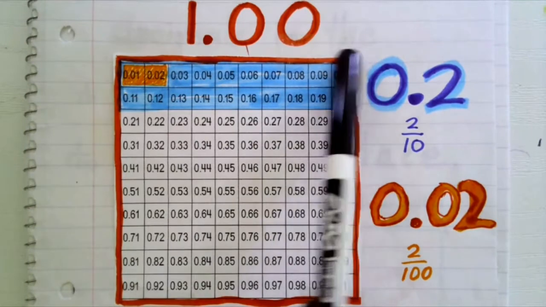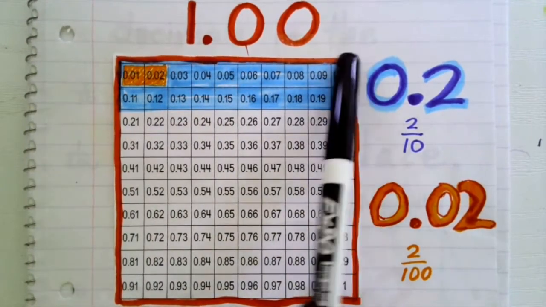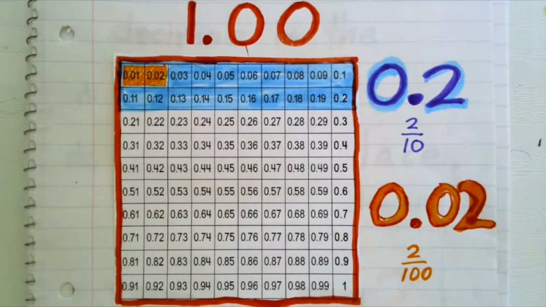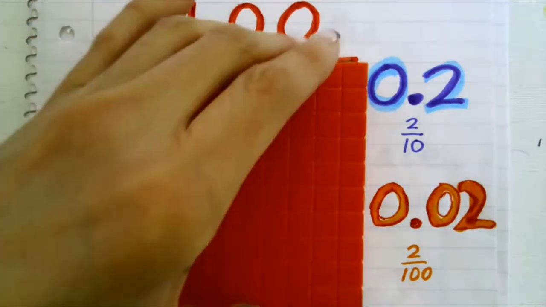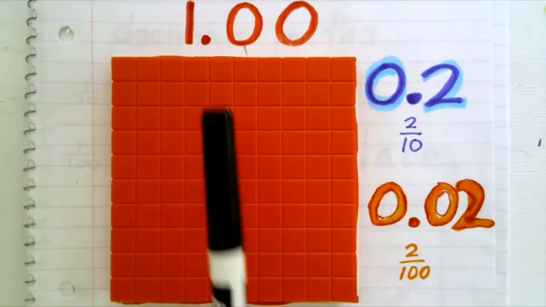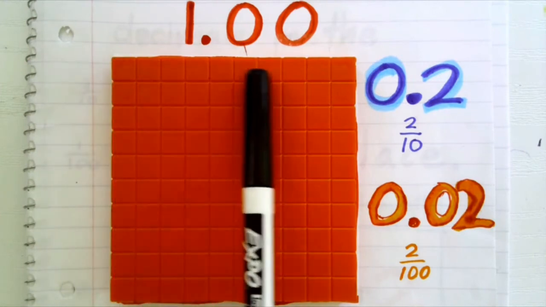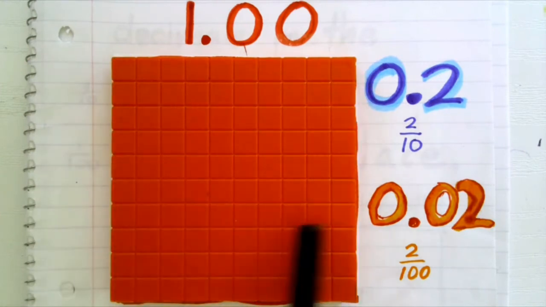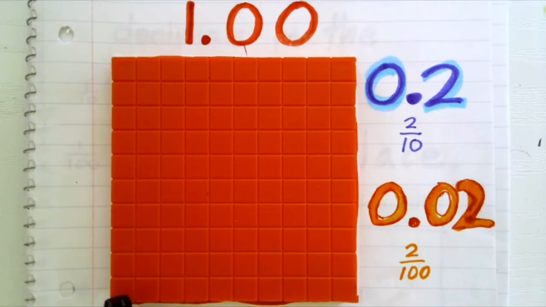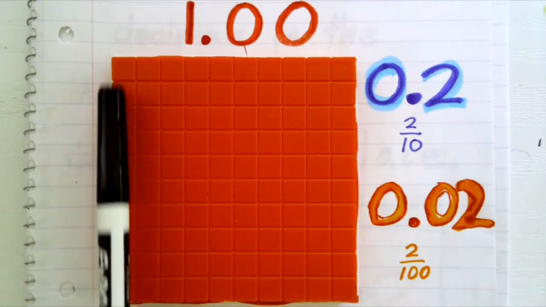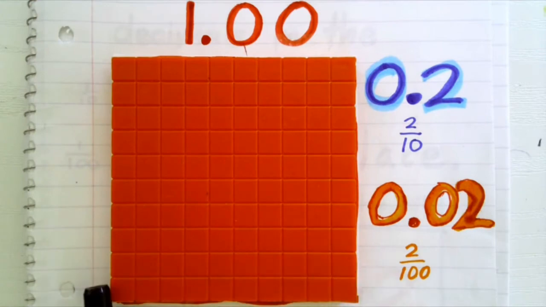Think of this square as one whole. You can think of it like a cake. You can see this square is divided up into little tiny squares. These are the 100 blocks you might have seen in your classroom. But today, I want you to think of this as one.